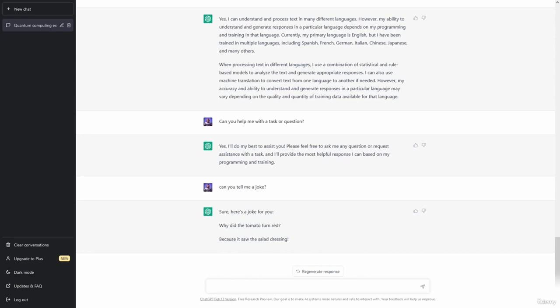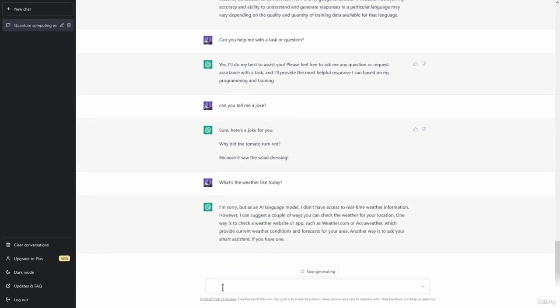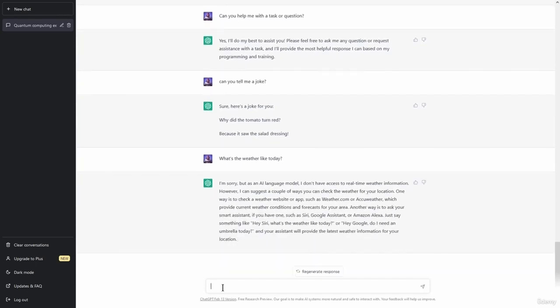Now, remember that ChatGPT is no longer online. So, this is a question that we're asking to identify the limitations of ChatGPT. And here, ChatGPT again reminds us that it is a language model and that it does not have access to real-time weather information.